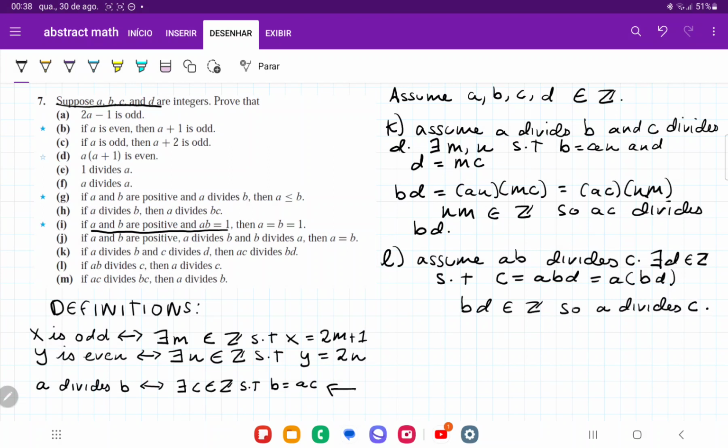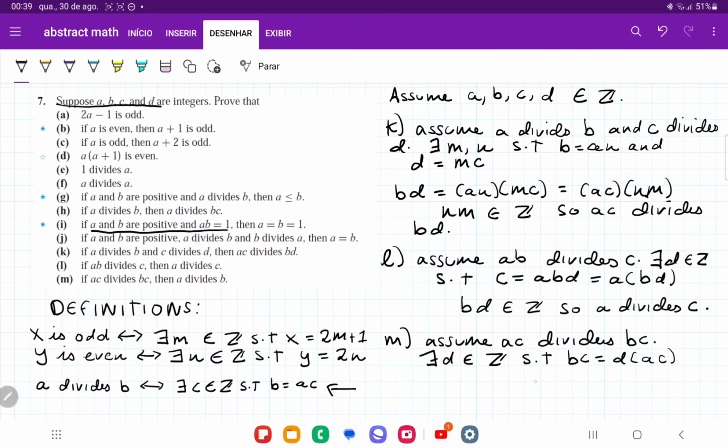And lastly, for M, we have that if AC divides BC, assume that AC divides BC. Then there exists an integer D, belonging to the set of integers, such that BC is equal to D times AC.